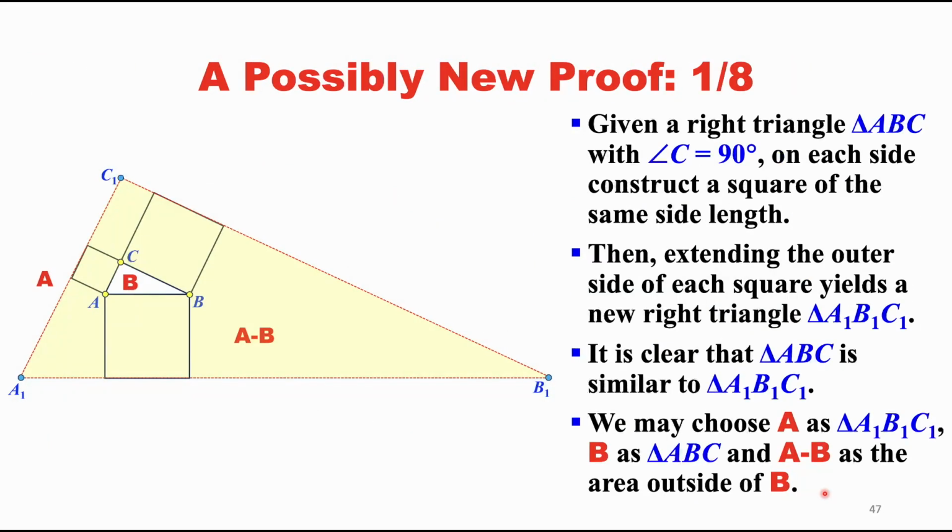Then let's see how the Pythagorean theorem can be proved this way. This is a given triangle. We use B as its area.